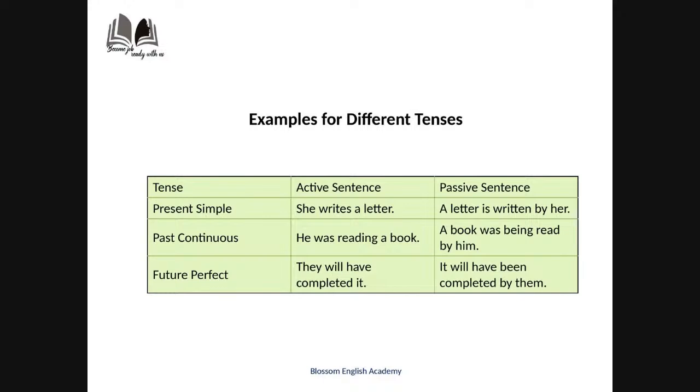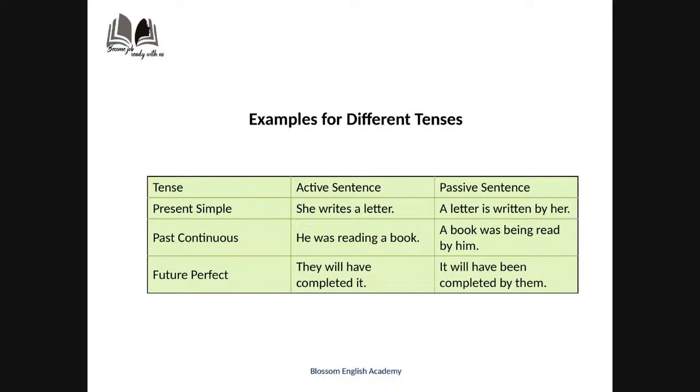And what is the verb over here? Writes. Okay, and we learned that the main verb should always be in its past participle form. So write would become written. So we are identifying the object, a letter, and then according to the subject, we are choosing an auxiliary verb which supports singular nouns, is, and the verb is written in past participle form, which is written, and then who was writing the letter?